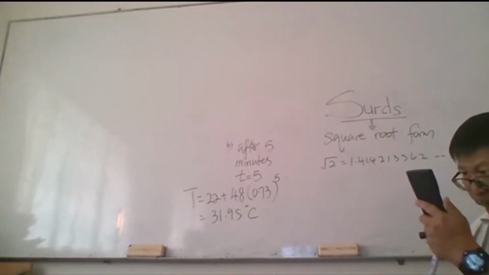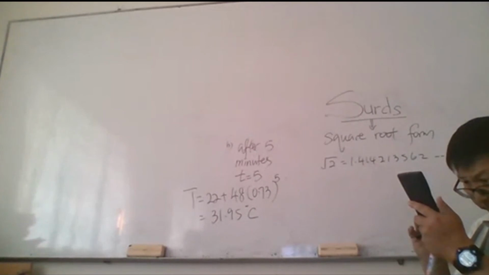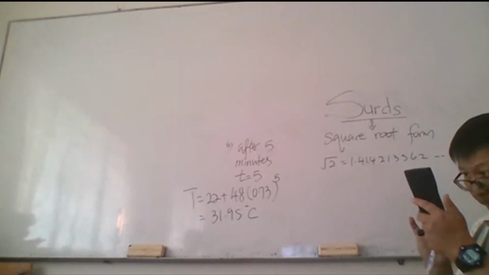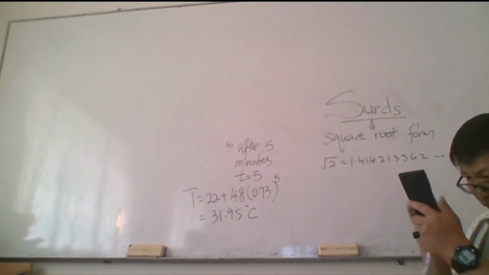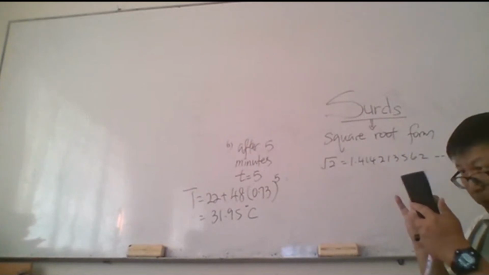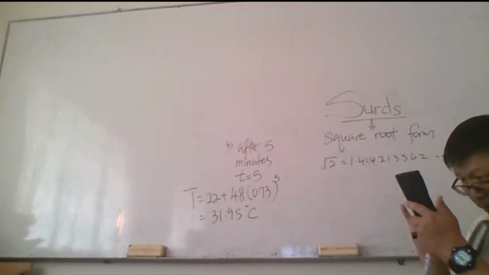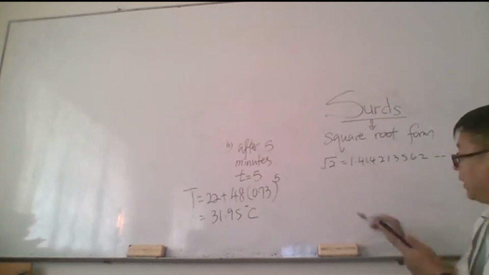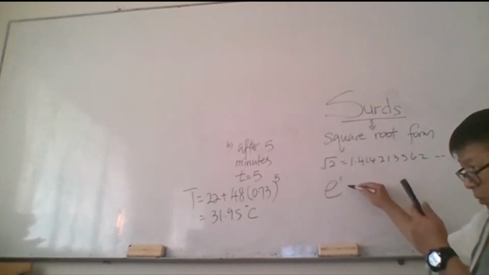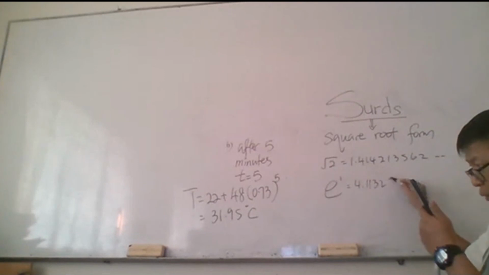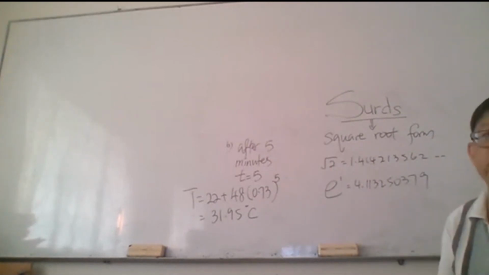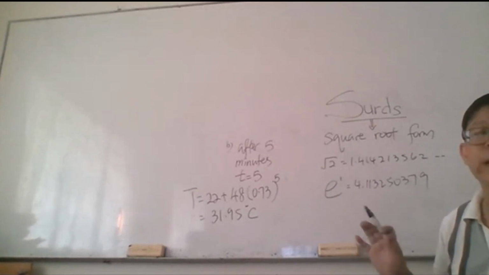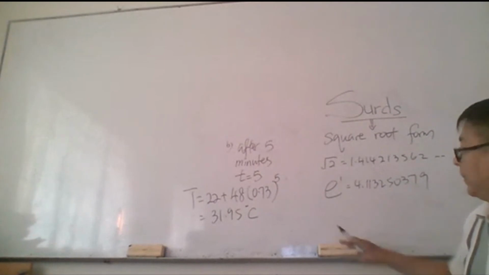Or even the exponent e, which is 2.71828. All these things you cannot express as a fraction. That's called an irrational number.